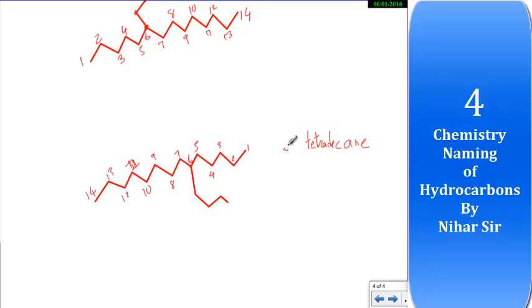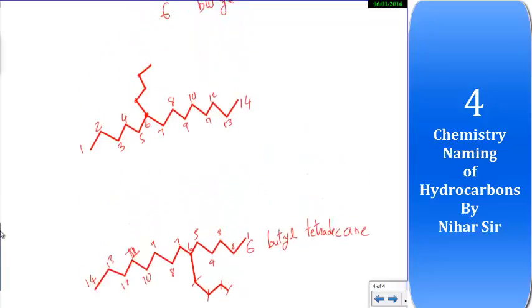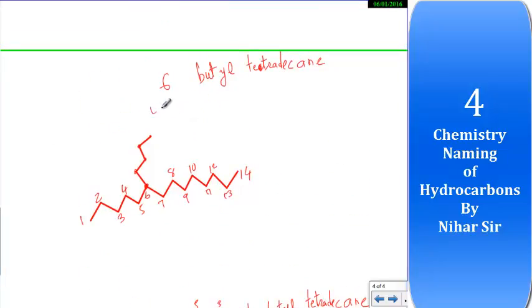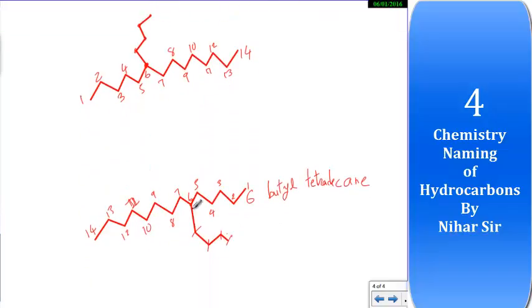For branching off I will use yl, right? 1, 2, 3, 4: 4 carbons in the branching off. So butyl. So this is 6-butyltetradecane. So both of these are the same, but the representation is different. Its branching off is here, and the other's branching off is here.